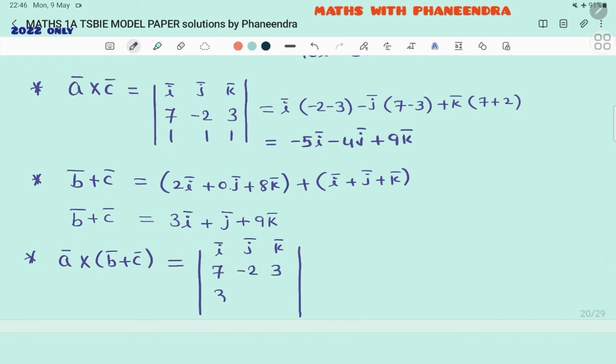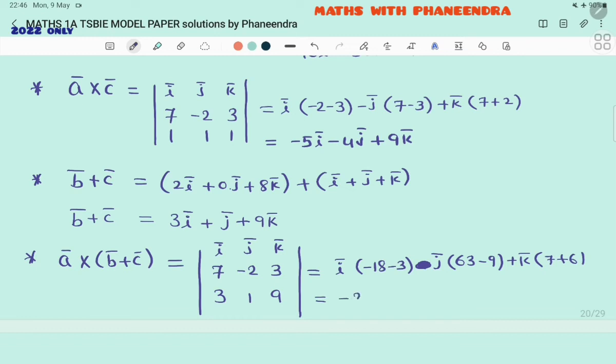B bar plus C bar means 3, 1, 9, which is equal to i into -18 -3, minus j bar into 9 sevens are 63 minus 9, plus k bar into 7 minus of -6 plus 6.